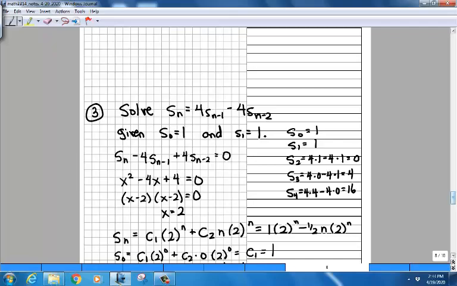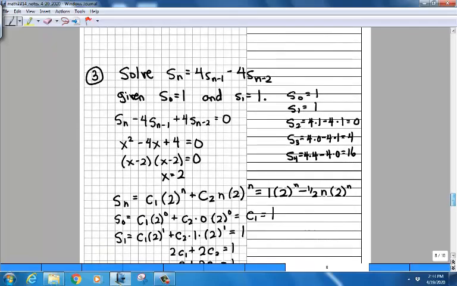Does s_4 match our recurrence relation here? Let's see. Does s_4 = 16 match our non-recursive formula? According to our non-recursive formula, s_4 should be 1 times 2^4 minus 1/2 times 4 times 2^4 again.